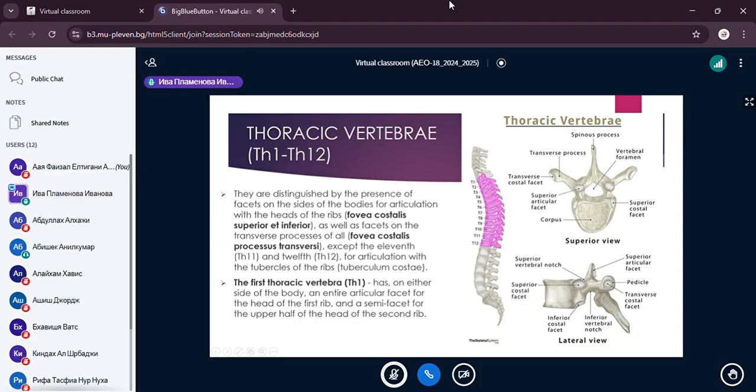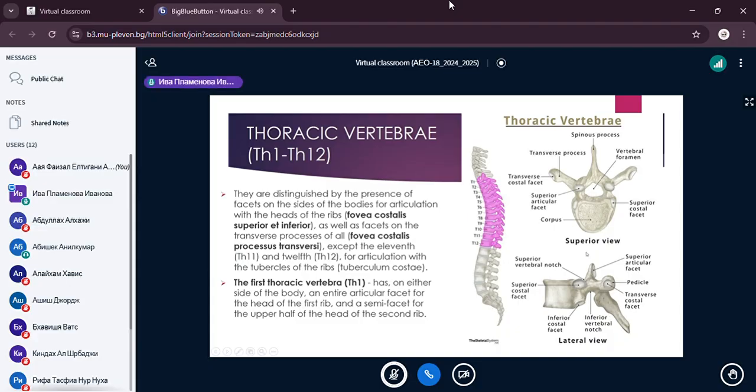The spinous process here. Of course, the transverse processes without transverse foramen. On the transverse process, we have an articular surface for the rib, for the tubercle of the rib. Here, fovea costalis of the transverse process, here and here.